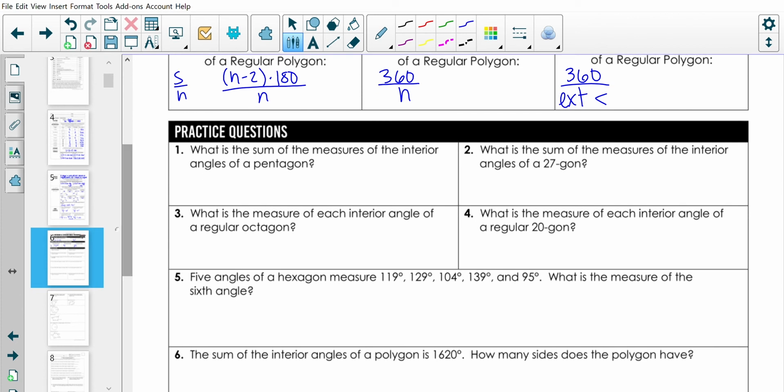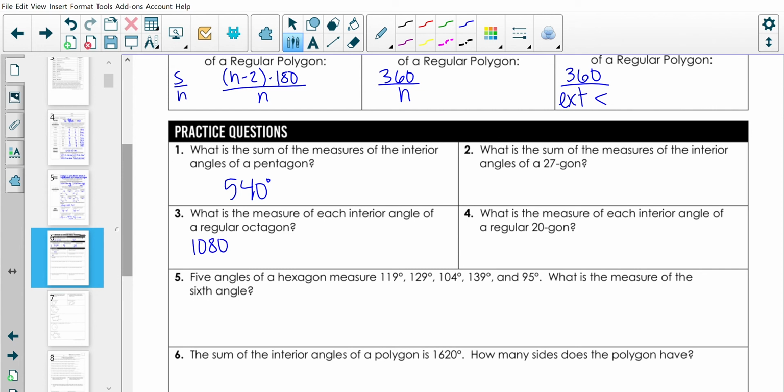What is the sum of the measures of the interior angles of a pentagon? You can just tell me. 540. What is the measure of each interior angle of a regular octagon? We're just doing the odds. First of all, what is the total interior of an octagon? 1080.